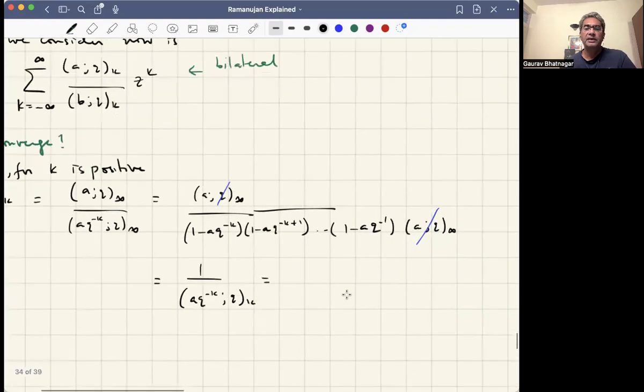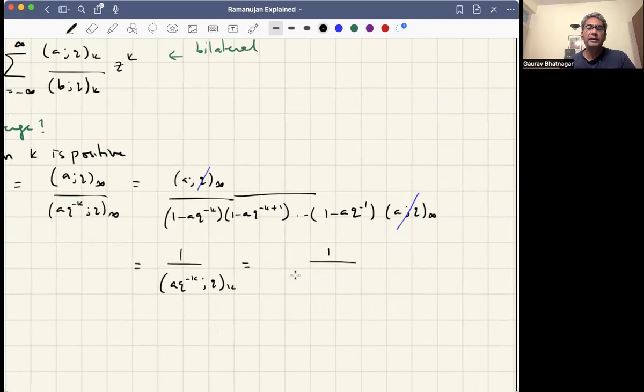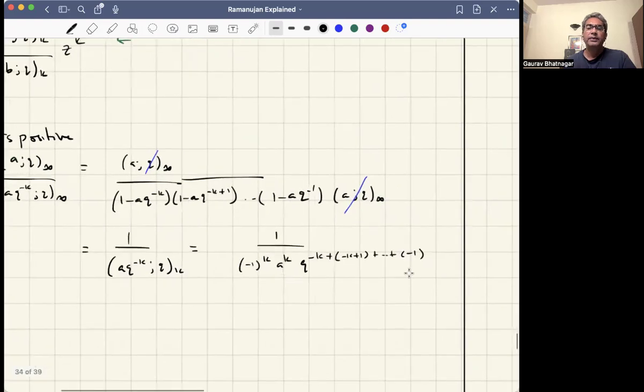And by reversing the sums, we can also write it as (-1)^k, so all the (-a)^k, q raised to minus k plus minus k plus 1, and so on up till -1. And then reversing the things, we get (q/a; q)_k.